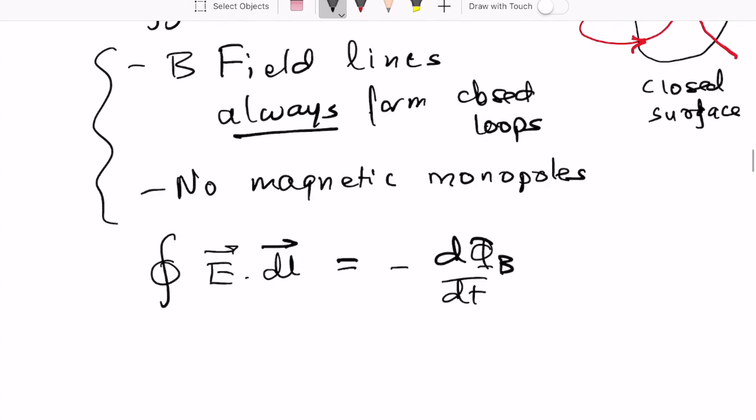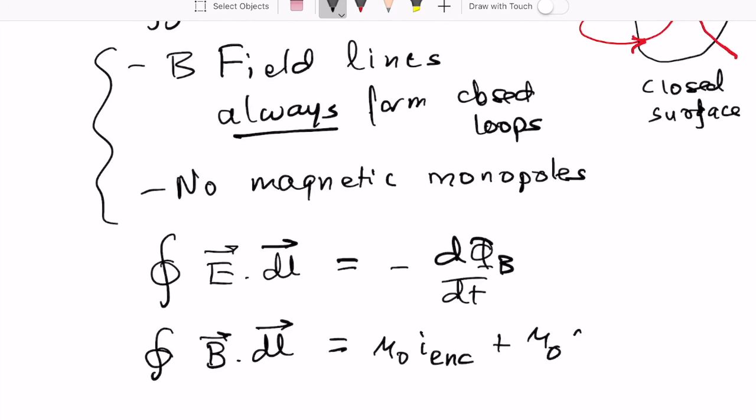Okay, and the last equation tells us that line integral B dot dl, that's the one that we just learned, is mu 0 I enclosed plus mu 0 epsilon 0 d phi e dt.